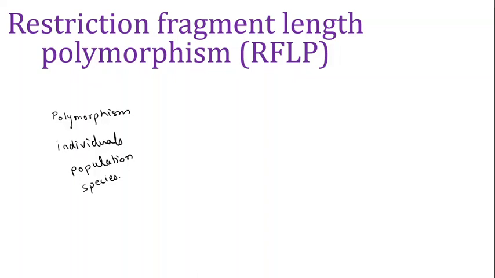What will happen afterwards? After the digestion, we will get fragments of DNA. Different fragments are obtained based on the position of the cleavage site of that particular restriction enzyme. At the end we are getting different fragments. These fragments are separated on the gel through gel electrophoresis.